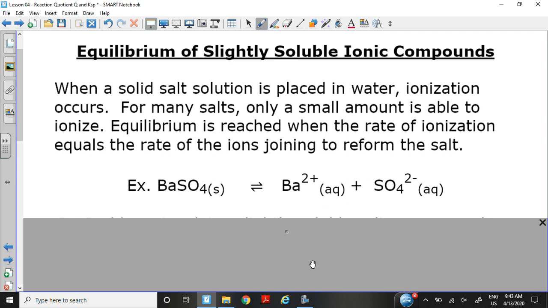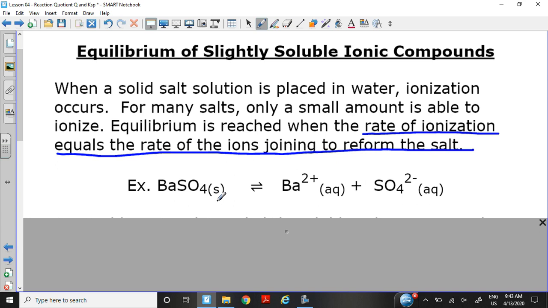What happens there is the rate of ionization, the rate where you actually form your ions, equals the rate of the ions joining to reform the salt. So that's the reverse direction. In the forward direction with this example here, barium sulfate solid dissolves in water to make some barium and sulfate ions. But at the same time, if some of those ions recombine, you get the reaction going in reverse, and it reforms that solid there.